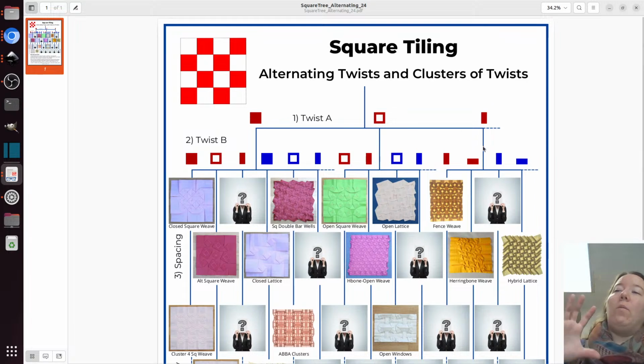So anyways, with the hybrid twists, that's where you start getting into, okay, I have an orientation choice here too. My second hybrid twist could be in the same orientation as the first, or could be the opposite orientation. If it's the same orientation, on the same side of the paper, I get fence weave. If it's the opposite, I get herringbone weave.